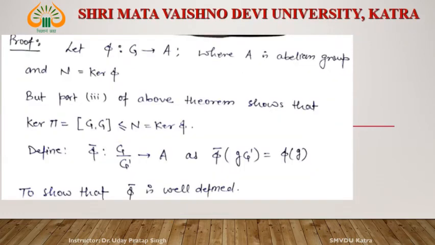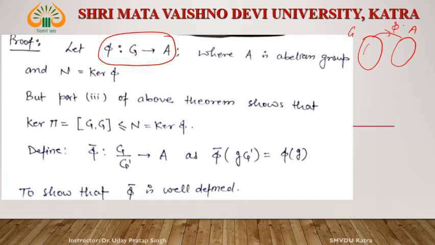And what is the proof? What is phi? Phi is this. Okay, then what is the kernel of phi? This is G, this is A, and this one is phi. What is the kernel?